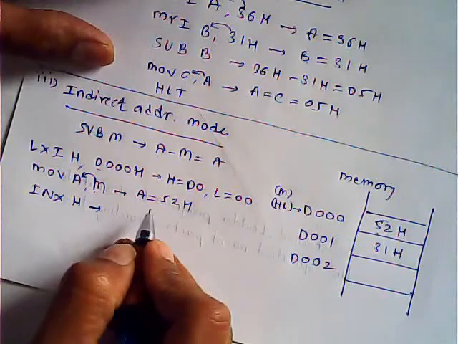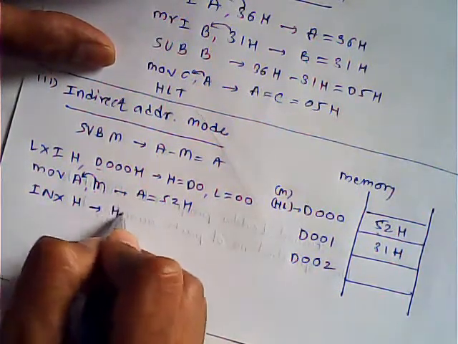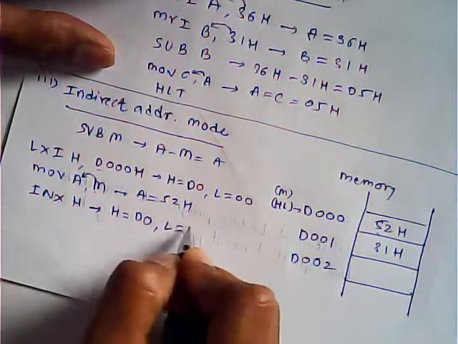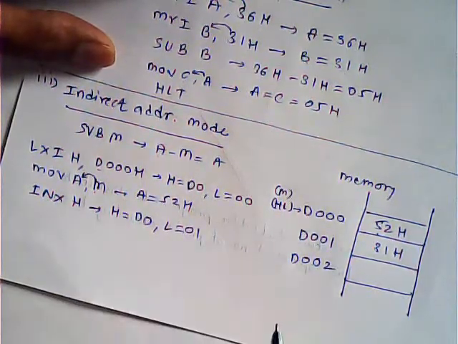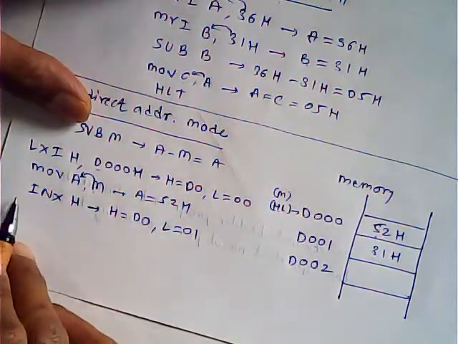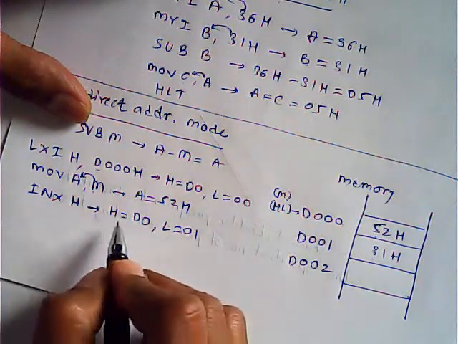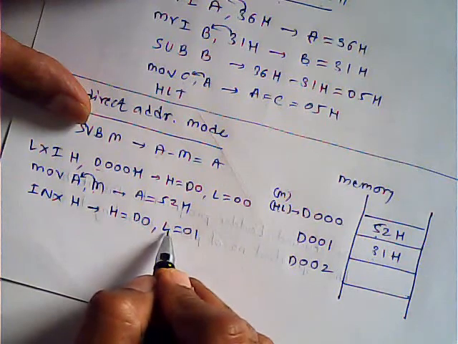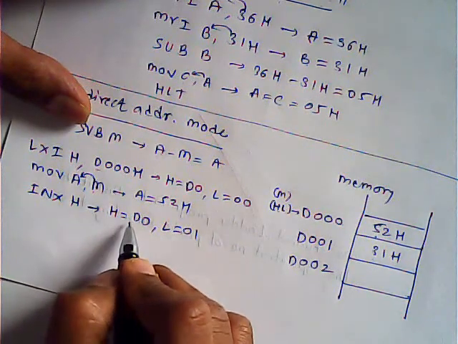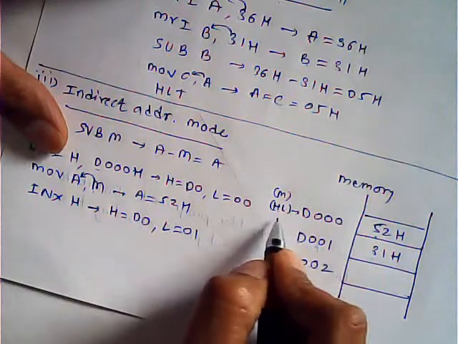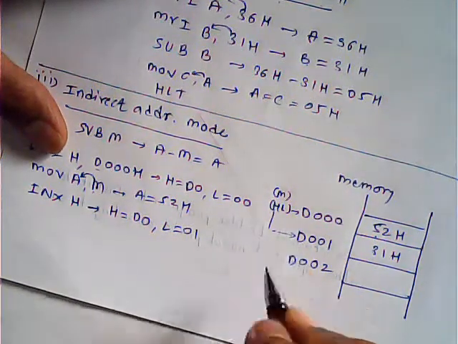After the execution of INX H, the H register stays as it is, D0, and in the L register you will find 1. Why? Because at each execution of INX H, the lower register, L, gets incremented first and then the higher register. So after this INX H, the memory pointer gets incremented by 1.